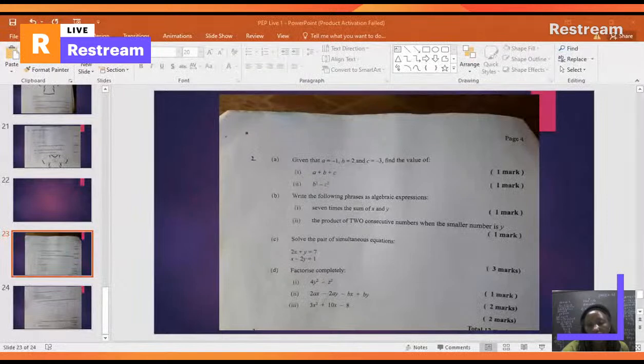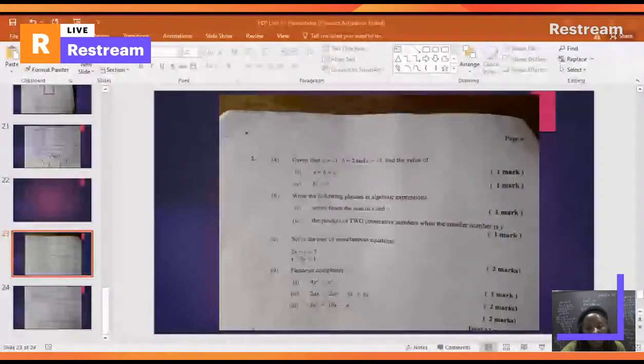All right. Part two says B squared minus C squared. So B is 2 and C is -3. If we square 2, we get 4. And square -3, we get +9. 4 minus 9 gives -5.